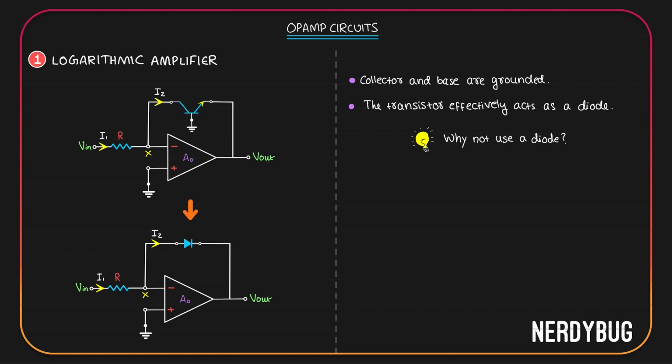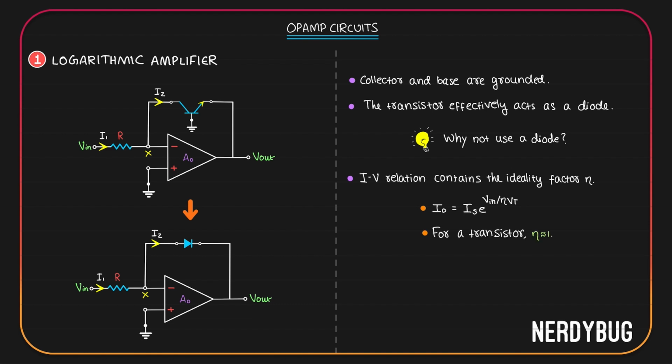But still we prefer a transistor over a diode. The first reason is this. For a practical circuit, current voltage relation contains the ideality factor eta. ID is Is e to the power Vin by eta Vt. For a transistor, the value of eta is approximately 1, and that makes a practical circuit closer to being ideal.